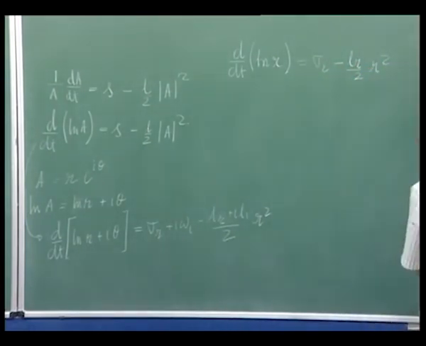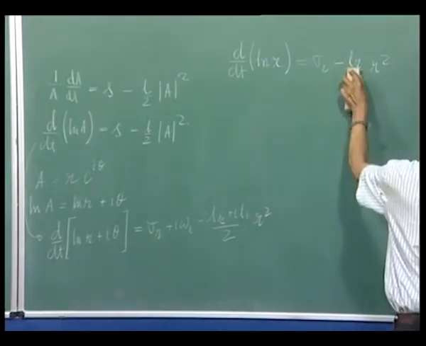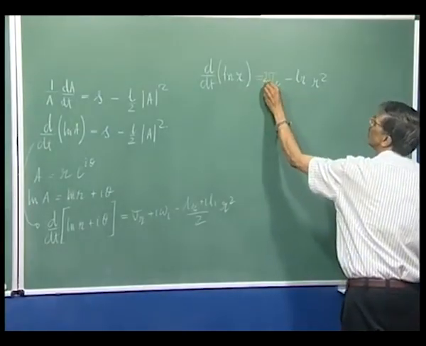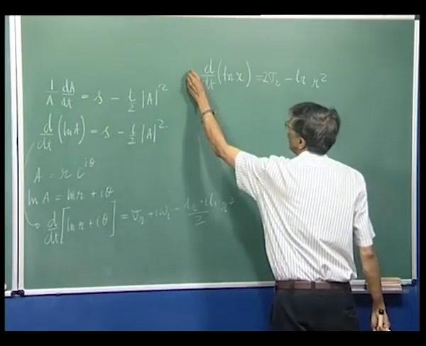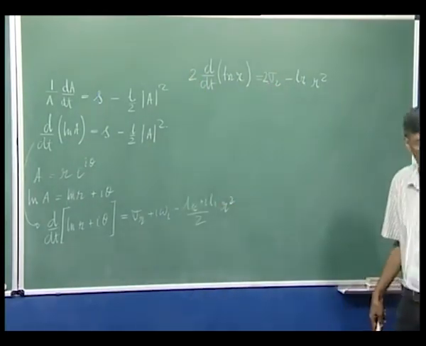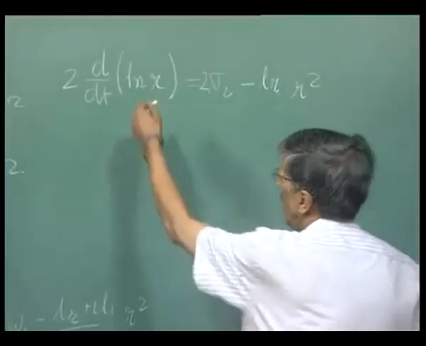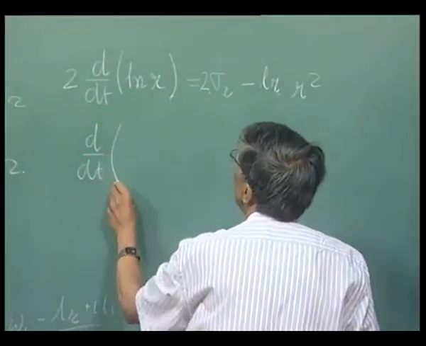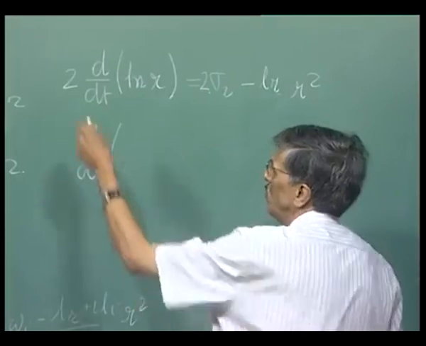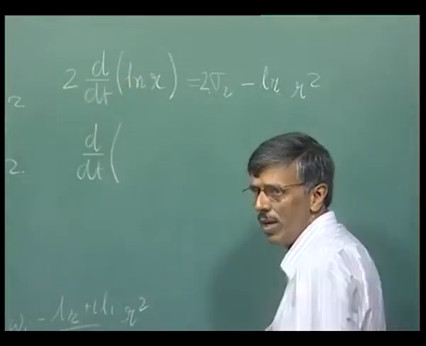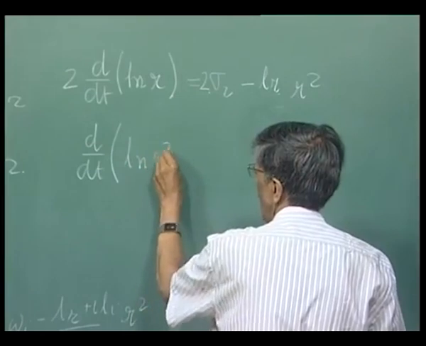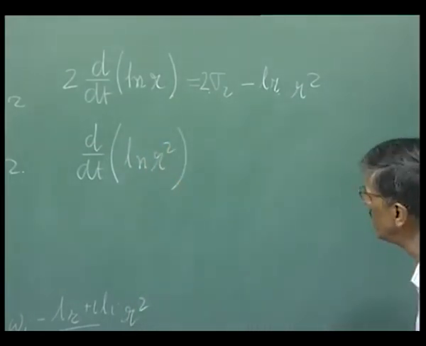So I could take away this 2 from everywhere. I could then write it as d/dt of 2 ln r. I can put this 2 inside.